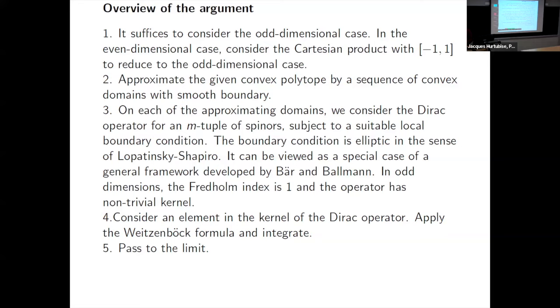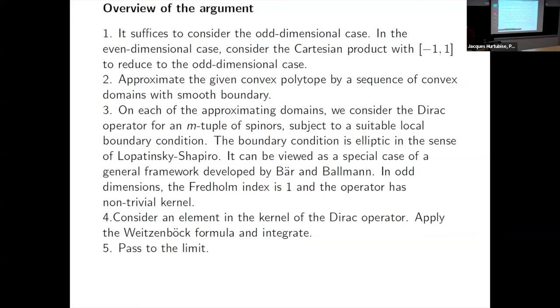Now, the parity of the dimension, if you use minimal hypersurfaces, doesn't play a big role. But in Dirac operators, it does make a difference, and I will explain in a minute where the oddness of the dimension plays a role.